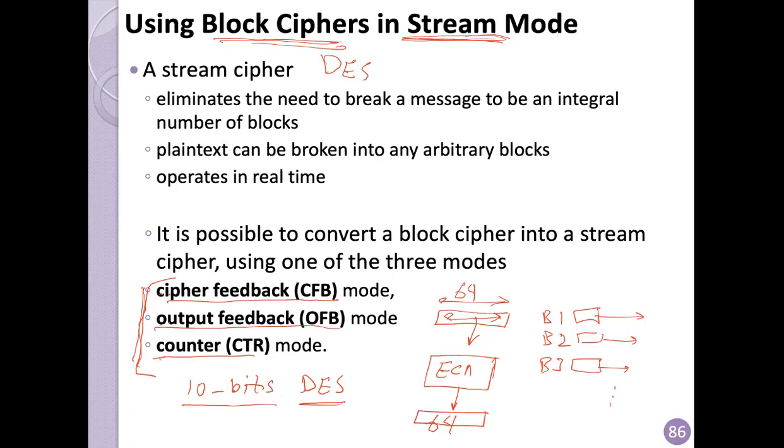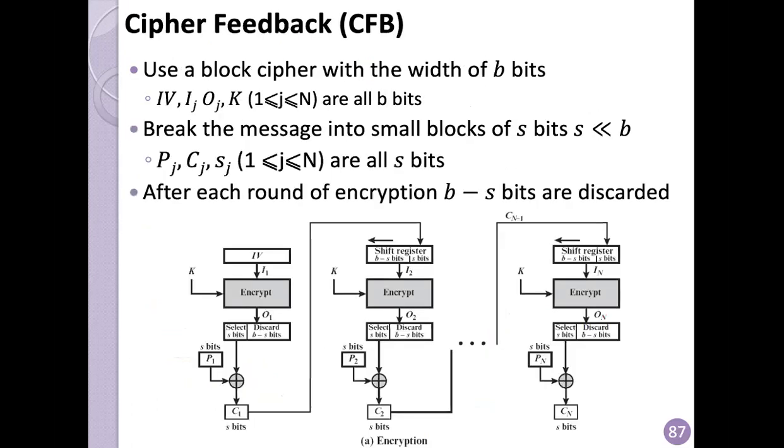So now let's get started and talk about the details of each. The first one is called cipher feedback, or CFB mode. This architecture shows how the cipher feedback works. Of course, we still have blocks of data: plain text number 1, plain text number 2, plain text number n.